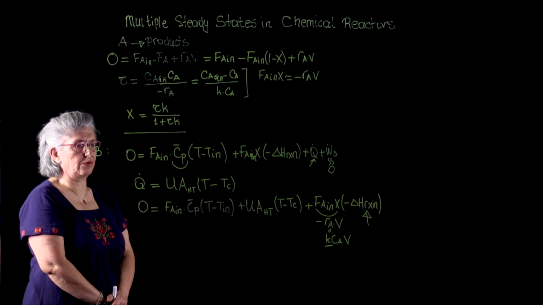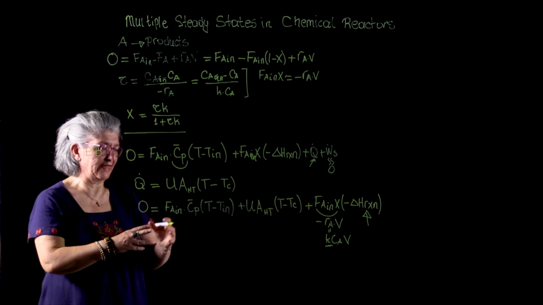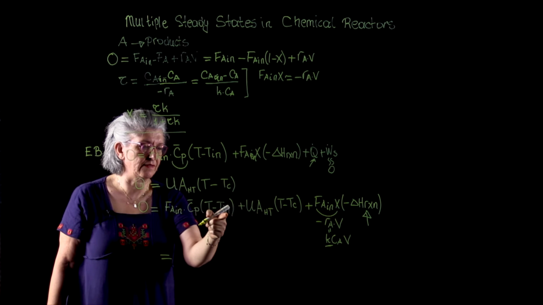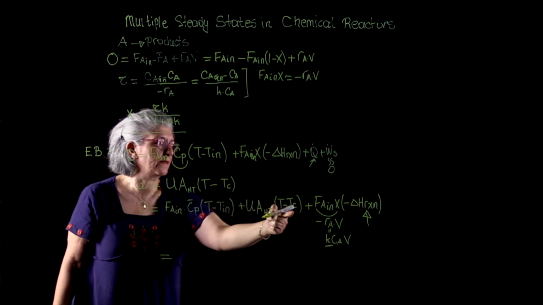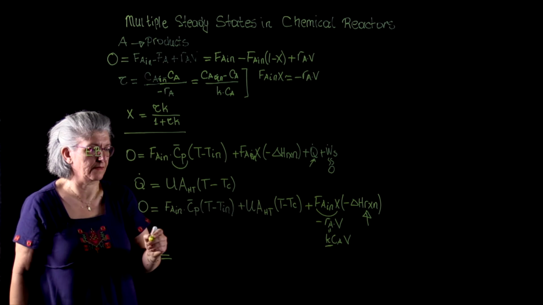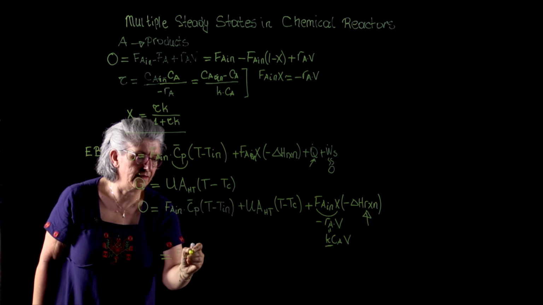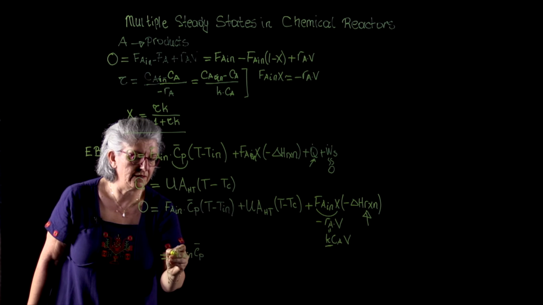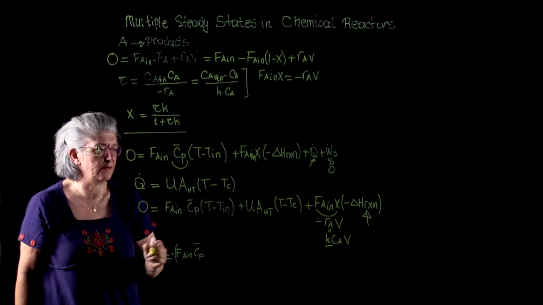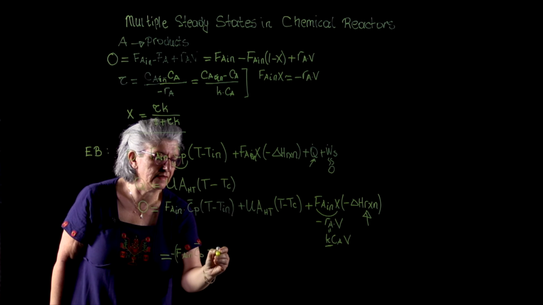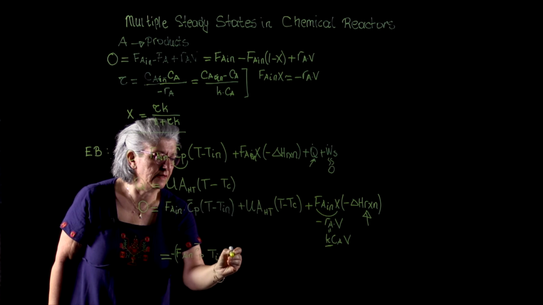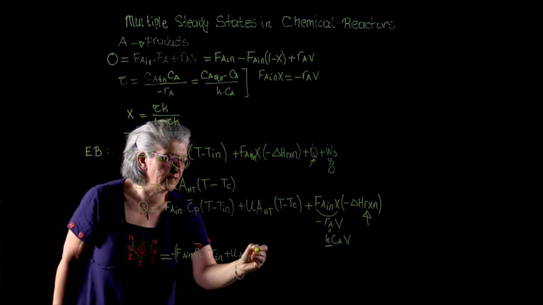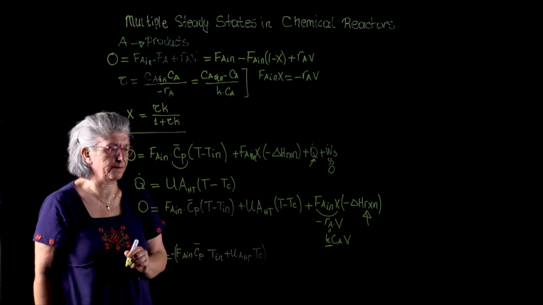Two points to note here, that we have terms that are constants. Now let's group them together, the constant terms. This is a constant, the multipliers are constants. This is a constant, multipliers are constants. Minus FA in CP average in parentheses times T sub in plus U A HT, meaning heat transfer area, times T sub C. These are our constants.